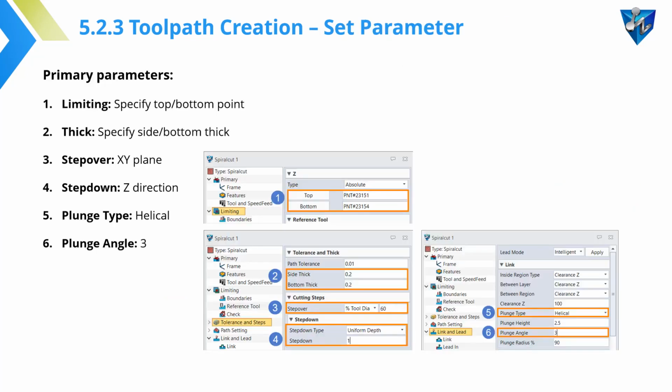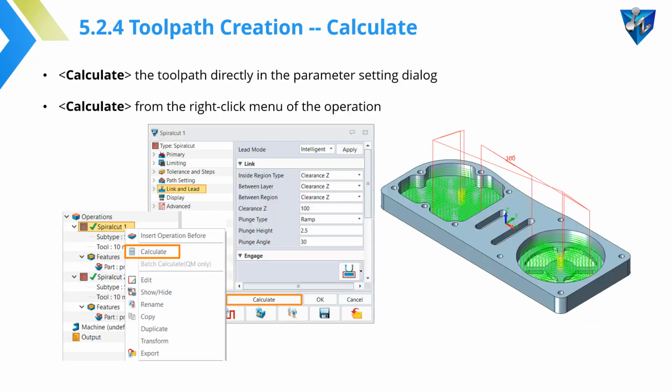There are primary parameters, like the limiting to set the area where we need to machine, and also the stock to set the remain materials we need to leave for the rough or for the semi-finished operations. And we will set the step over, step down, plunge type, plunge angle, and in the final we will calculate.